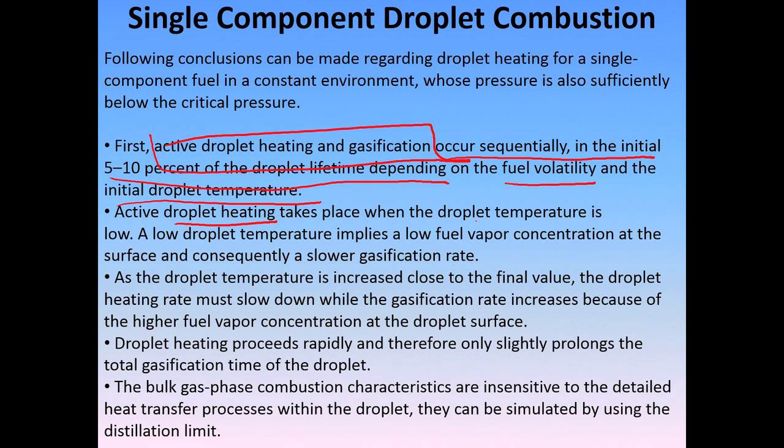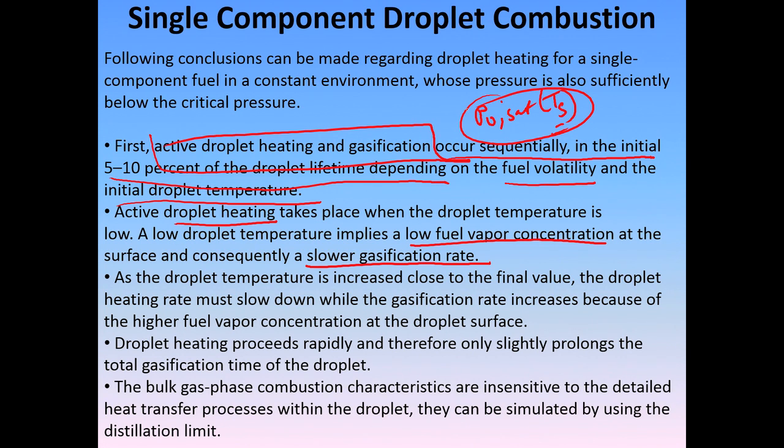A low temperature implies low fuel vapor concentration and consequently a slower gasification rate, because if you recall from the Clausius-Clapeyron relation, the vaporization rate is a function of the saturation pressure, and that is a function of the surface temperature. So, if the surface temperature is low, because the droplet temperature is not initially at the wet bulb limit, there is a slower gasification rate because of the lower fuel concentration at the surface.